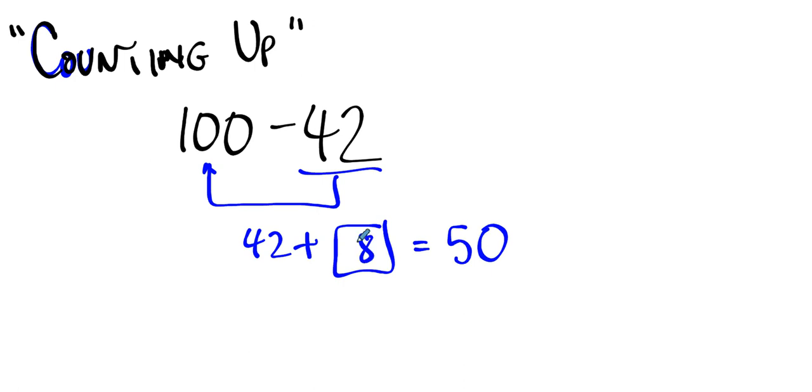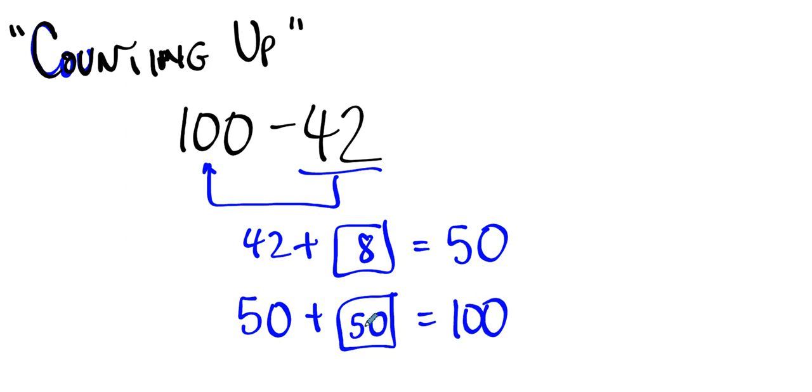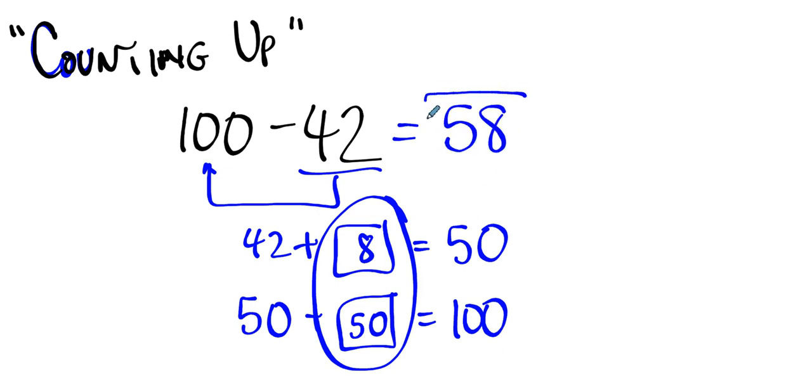Well, we can get to a nice number. And then how do I get from that nice number up to 100? Well, that's not too bad. And so then adding those numbers together gives us the answer that we're looking for. Counting up is effective for kids who are good at adding and not so much with subtracting.